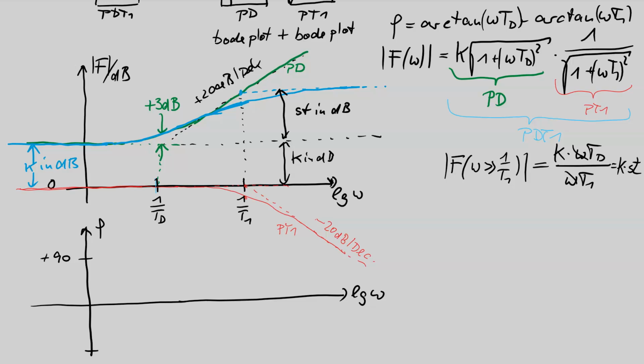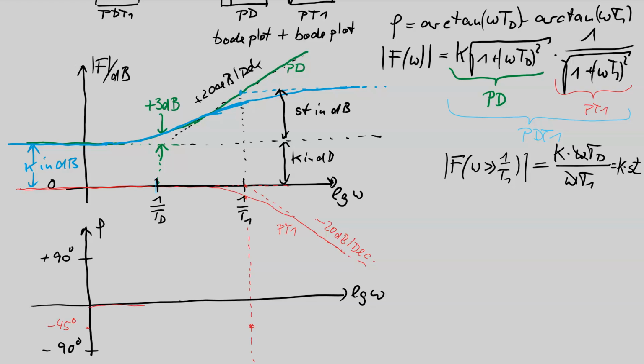Here we have the negative 90 degree mark. We make also now a 3-colored curve. Let's start with the well-known PT1 phase in red. Now we have an arctangent function which crosses the middle value here, the negative 45 value at this frequency.